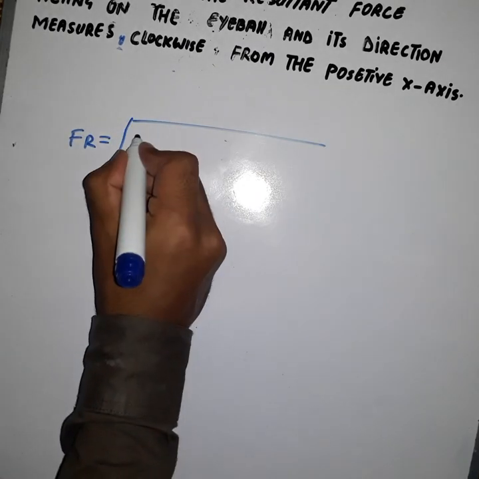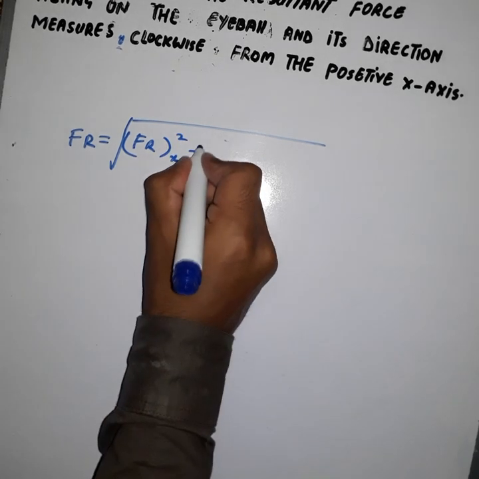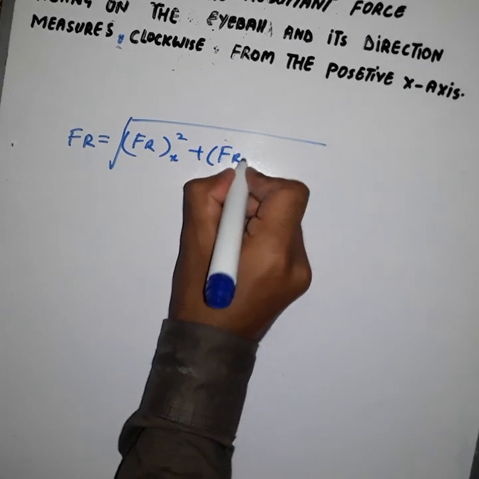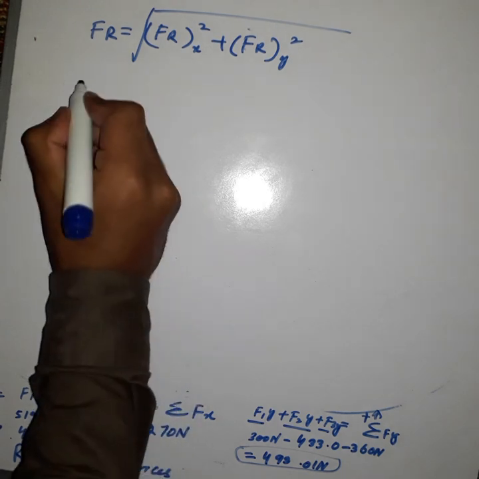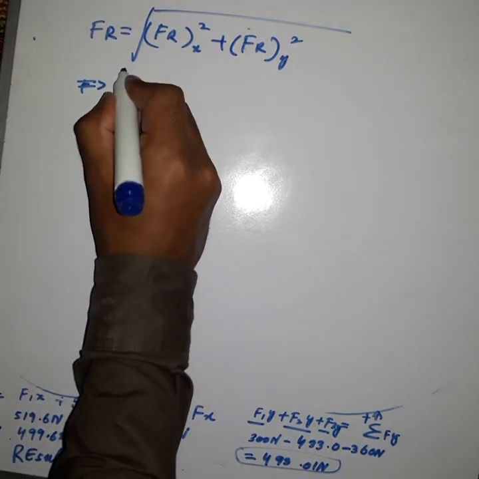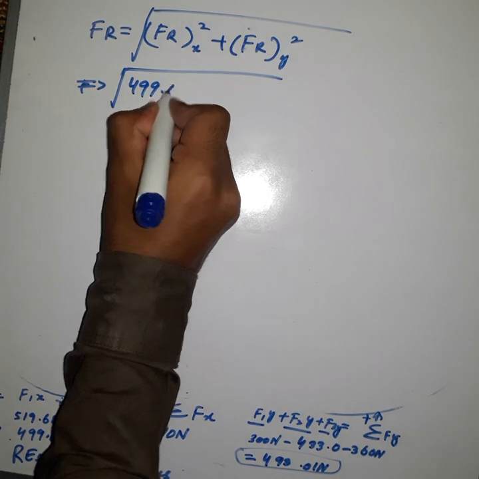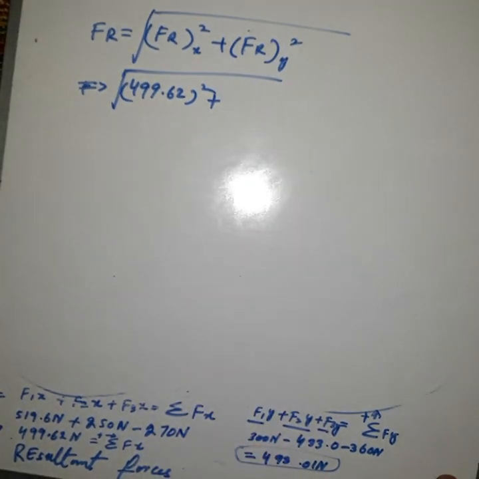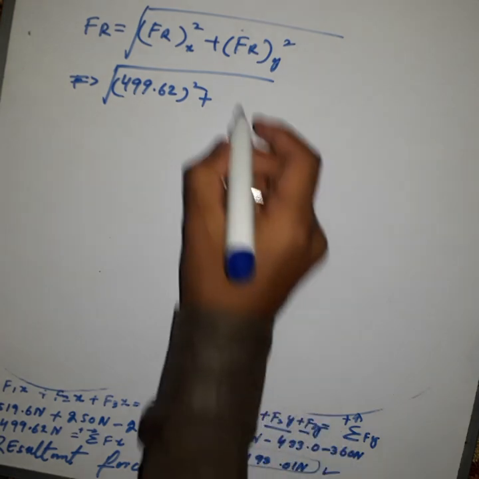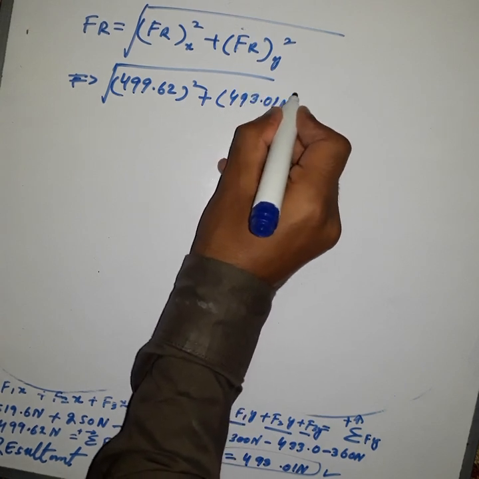Using the formula, FR is equal to the square root of FR of x squared plus FR of y squared. So FR of x is equal to 499.62 squared plus FR of y, which is 493.01 Newton squared.